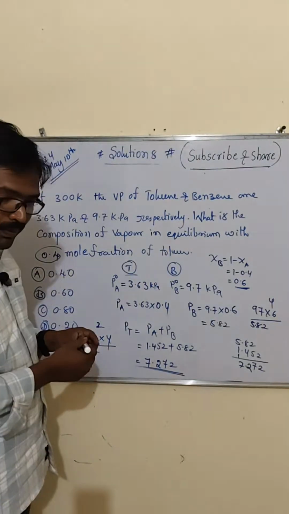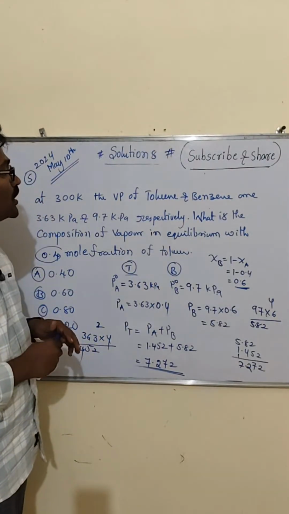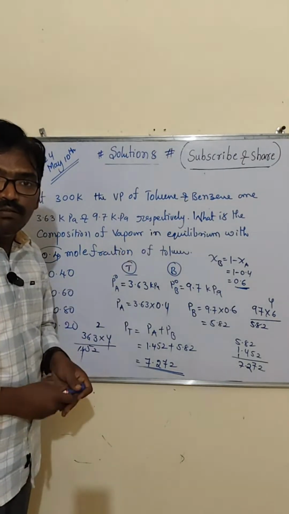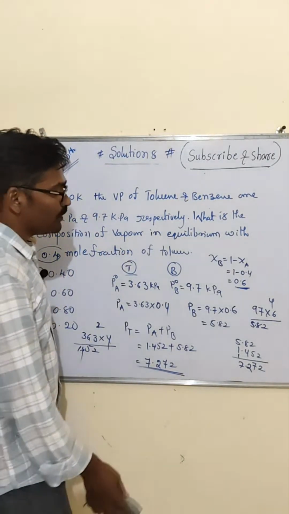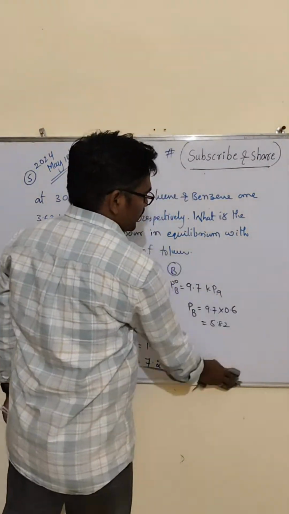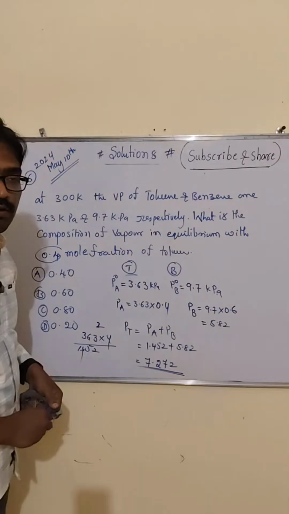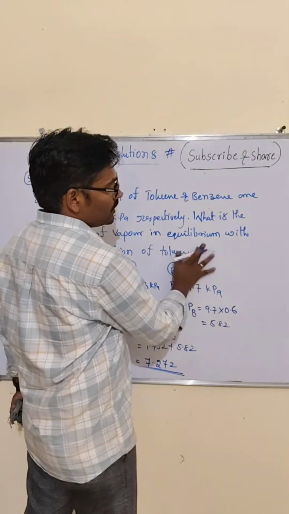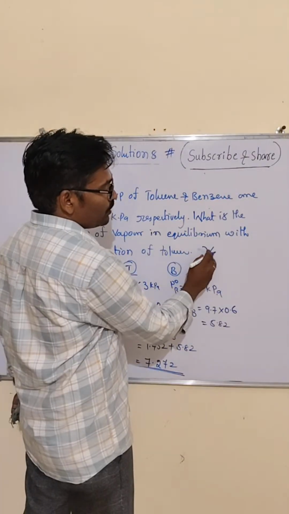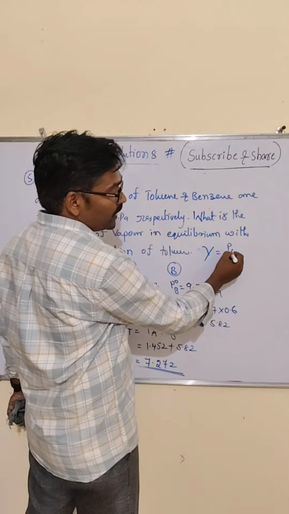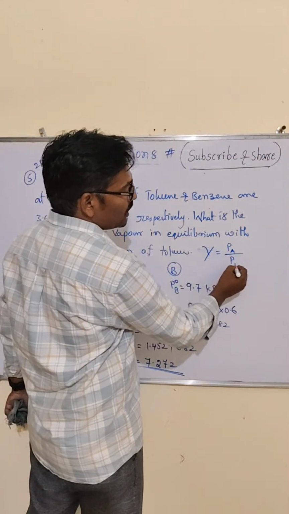So we got the P total, but the question asks what the composition in the vapor phase is. How can we find the vapor phase composition? For the vapor phase of any component, the mole fraction is the partial pressure of that component divided by P total.